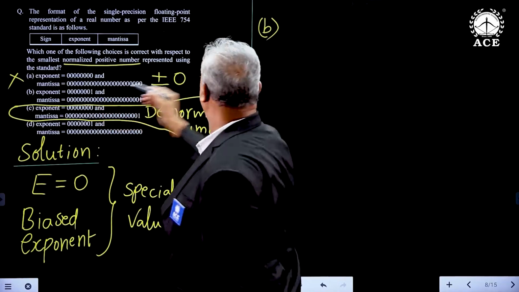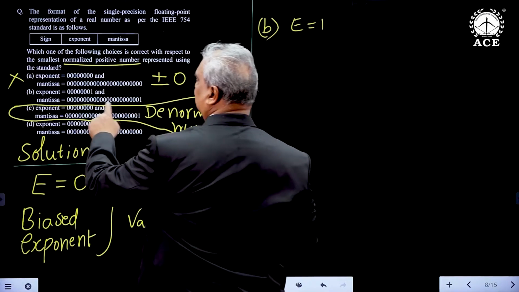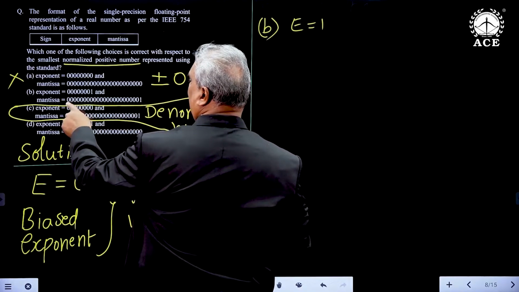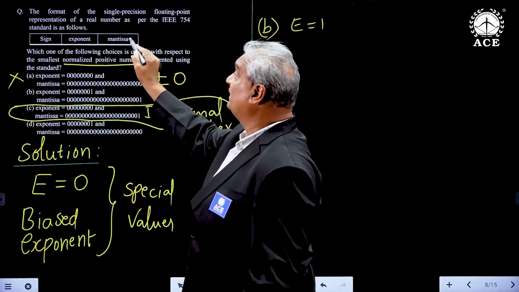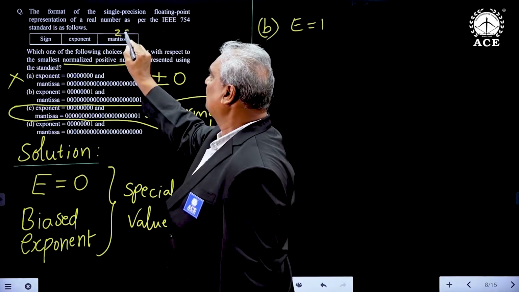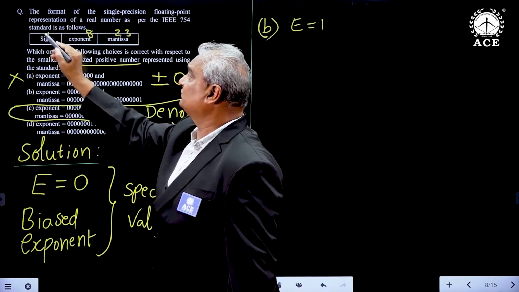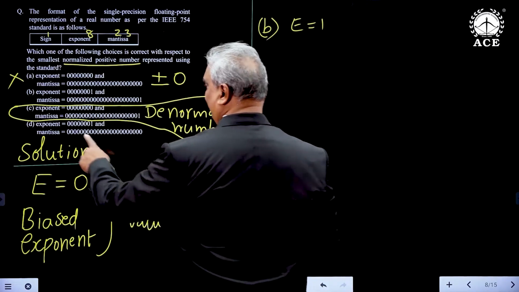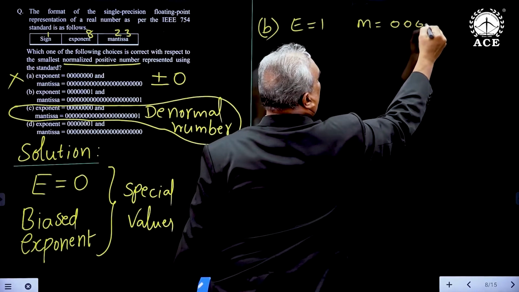He gave capital E, biased exponent value, as 1. What about the mantissa value? Here, 22 zeros and 1, since mantissa size is 23 bits, exponent size is 8 bits, and the sign bit size is 1.